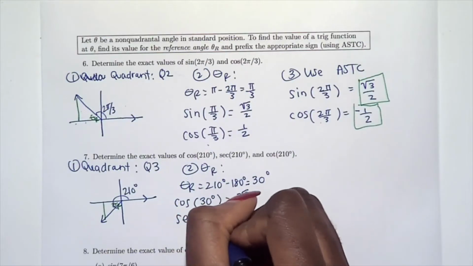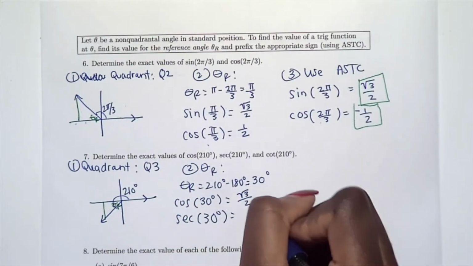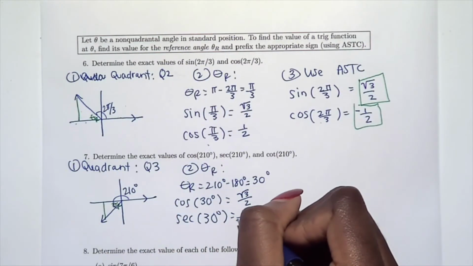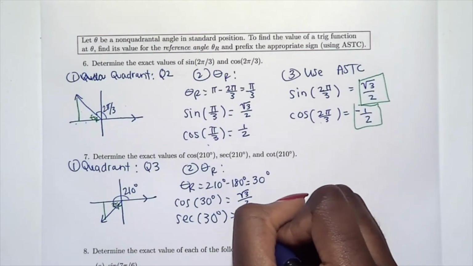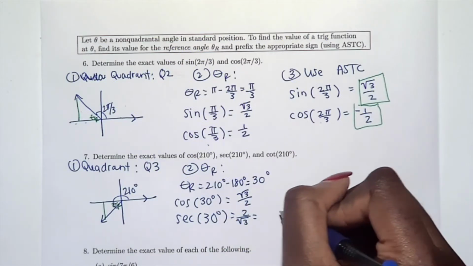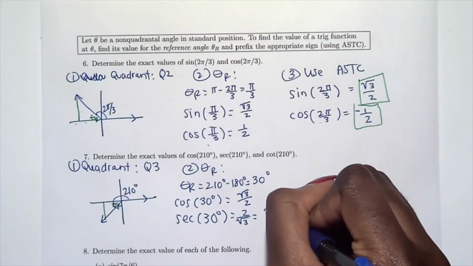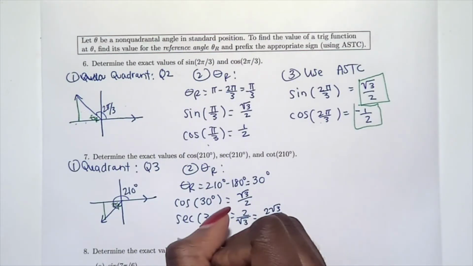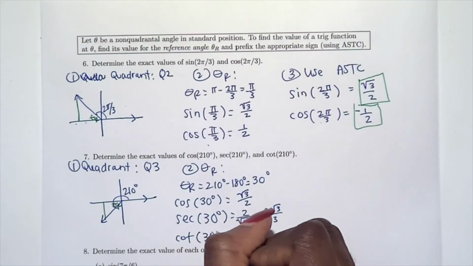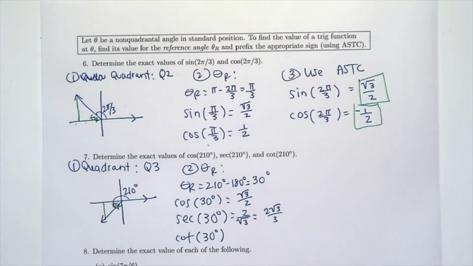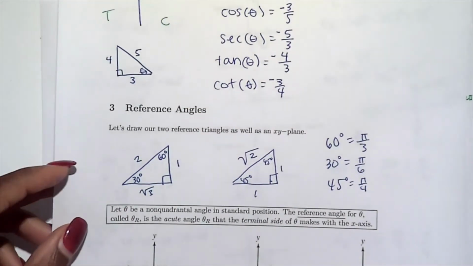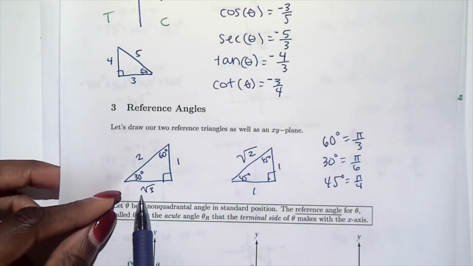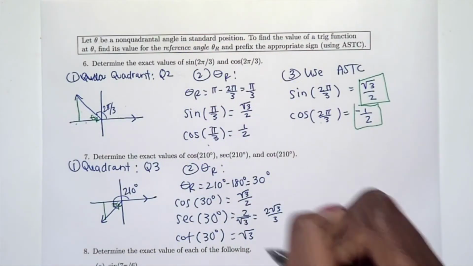We want secant, that's just the reciprocal. I'll go ahead and rationalize it. And then cotangent, that would be adjacent over opposite, root 3 over 1, which is root 3. Okay?